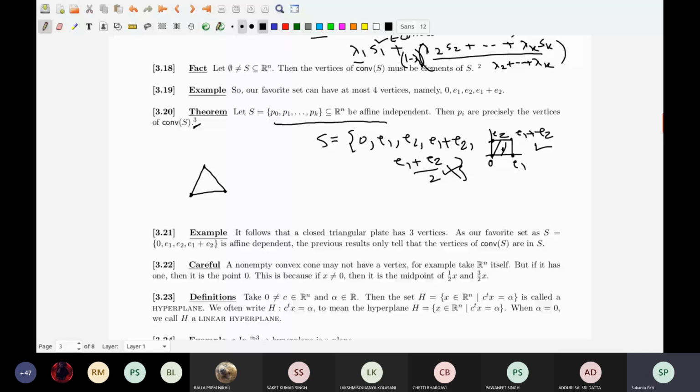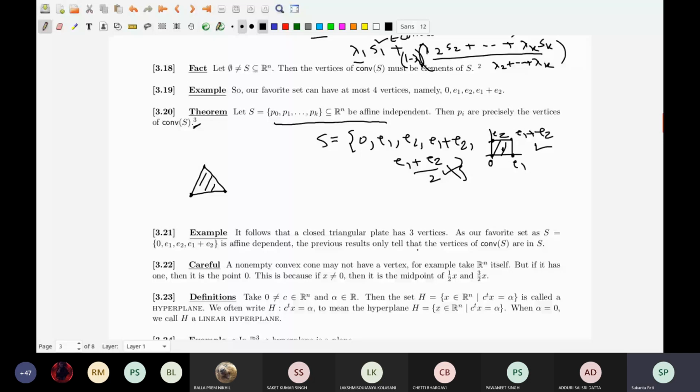And according to 3.20, if you have an affine independent set and you are looking at the convex hull, then it has precisely those many vertices, the Pi's are the vertices. But this particular theorem does not say anything about our favorite set, because our favorite set was affine dependent. In fact, the previous result only says that the vertices will be from S only. How many points from S? It doesn't say anything.